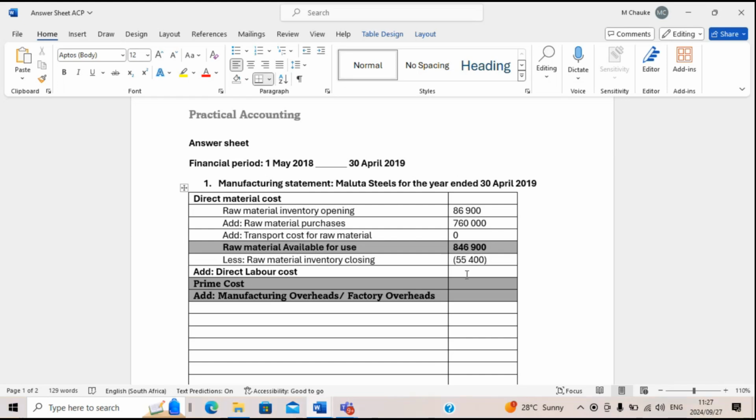So it's 846,900, which is raw material available for use, minus closing inventory for raw material, which is 55,400. Then I got a total of 791,500. That is how we calculate our direct material cost.